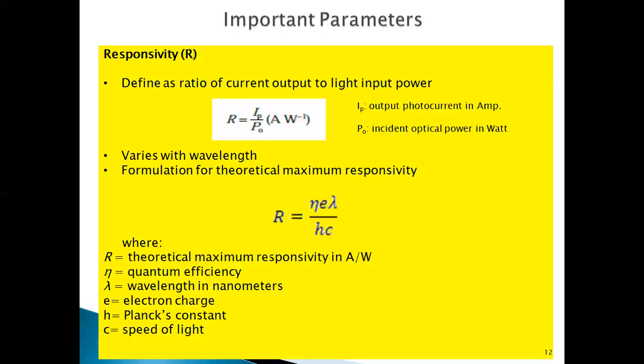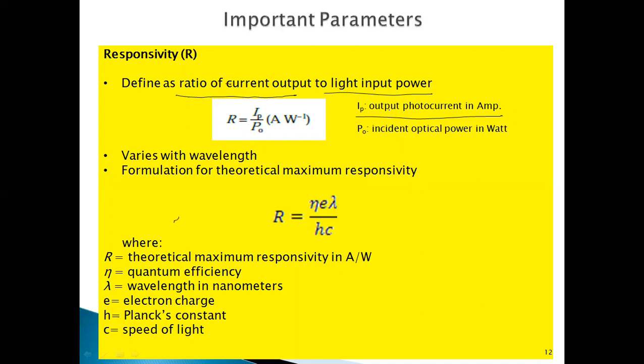The next parameter to be learned is the responsivity, R. Responsivity is defined to be the ratio of current output to the light input power. The formulation for responsivity is IP over P naught, where IP is the output photocurrent, which is the current produced when the carrier pairs, electron and hole, start to flow in the PN junction or in the diode structure.